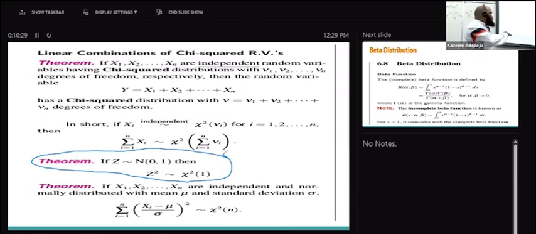If I generalize, maybe I have z1 squared, z2 squared, until zn squared, then this follows chi-squared with degree of freedom n. Any question? So the number of degrees of freedom depends on the number of variables you are squaring.